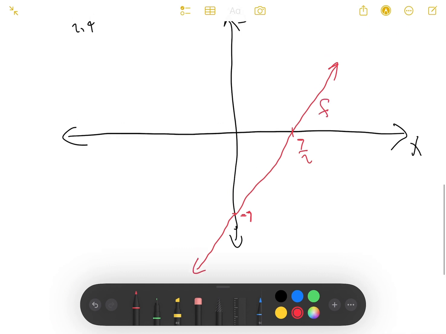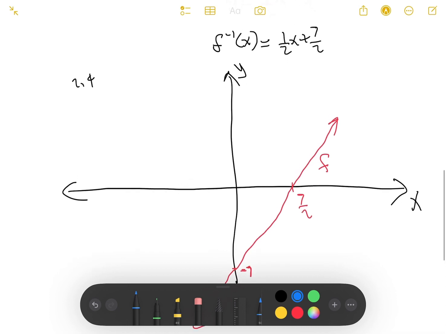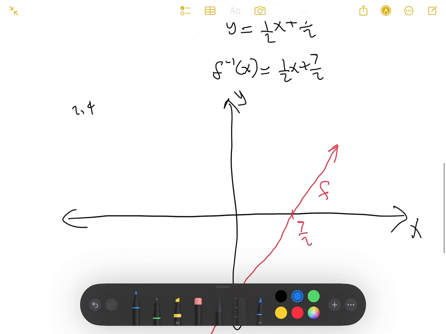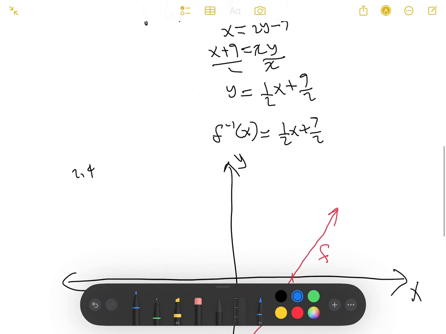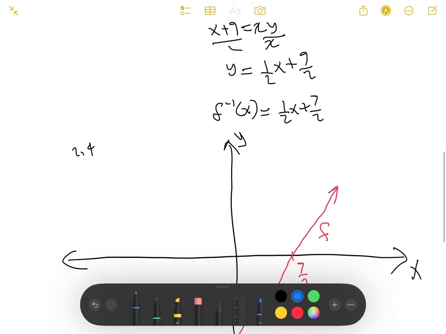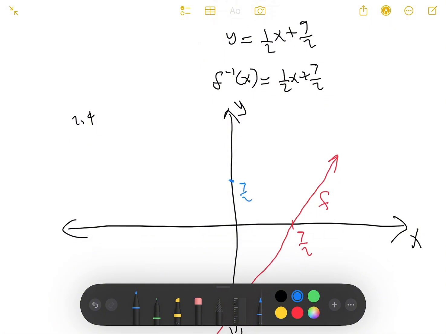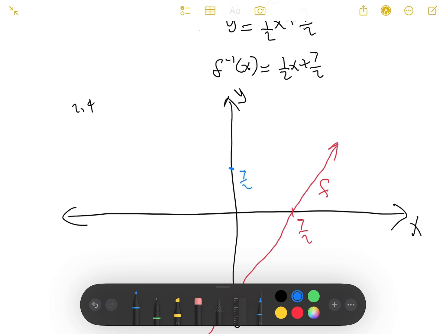Okay, the graph of f. And then with the other one, the gradient is half, and it touches the y-axis at 7 over 2, right? And then what is the x-intercept? If you transpose 7 over 2 and divide by 2, or multiply by 2, either way, you find -7.